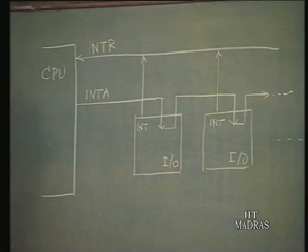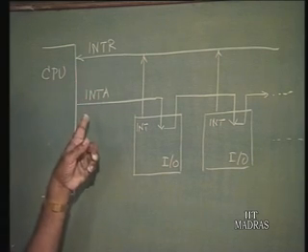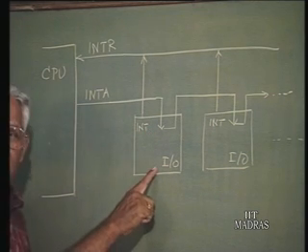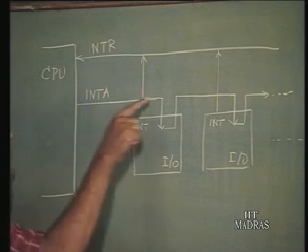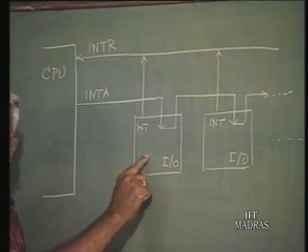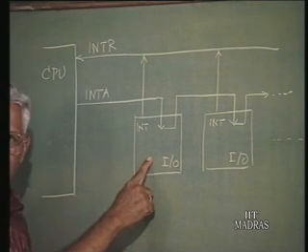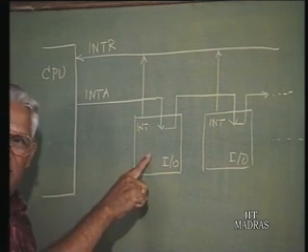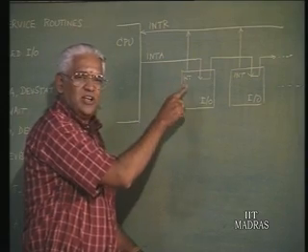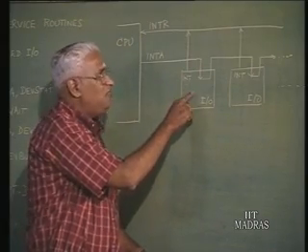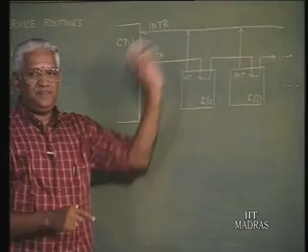At the end of that instruction cycle, when the interrupt acknowledge signal is generated, this is the device which is going to get the interrupt acknowledge signal first. Suppose if this is ready, we do not have to know when exactly this became ready. When the interrupt acknowledge signal comes, if this is found to be ready, this will respond.